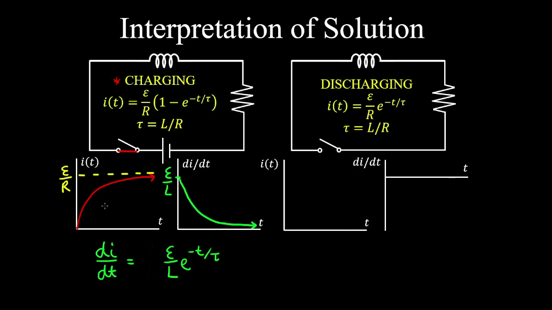So this behavior makes sense because the back EMF, by Faraday's law, is minus the inductance by the change in current. So initially when the switch is just closed, we have an induced EMF in the inductor that's equal in magnitude and opposite in direction to the applied potential difference due to the battery across the branch containing the inductor.